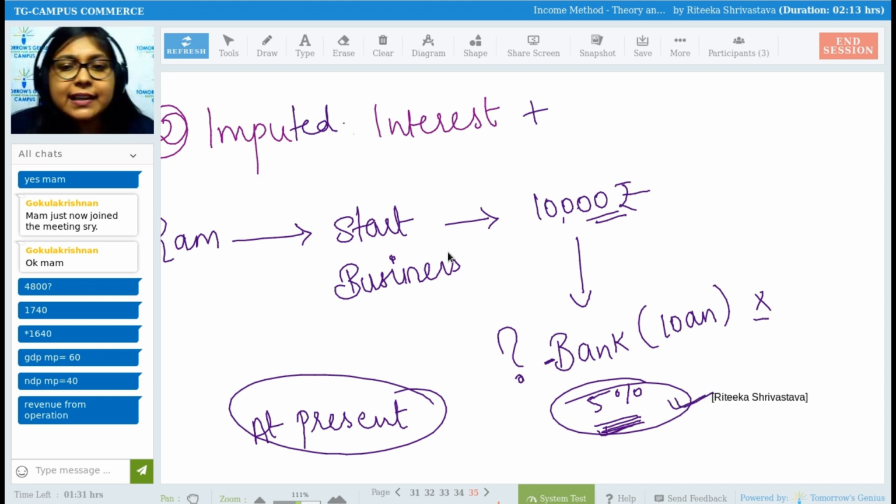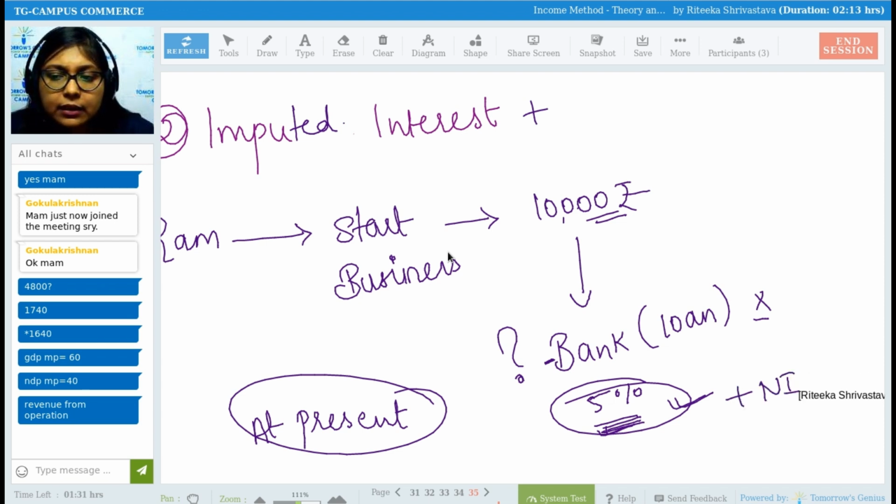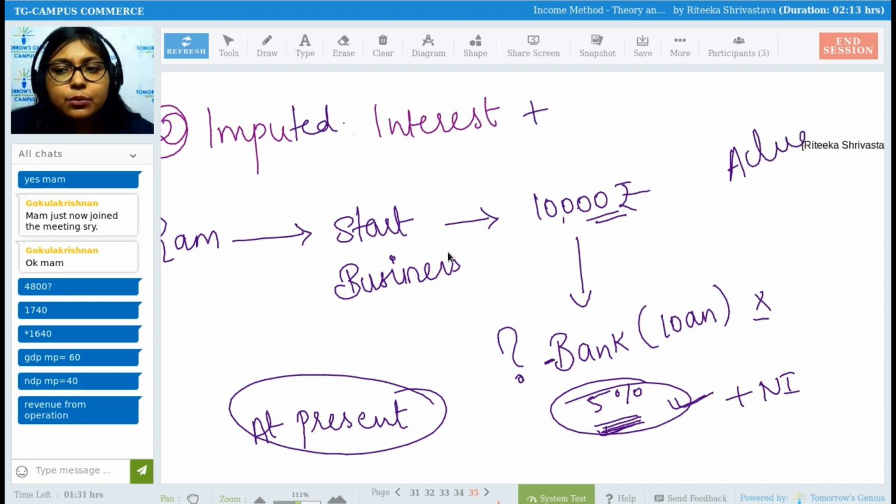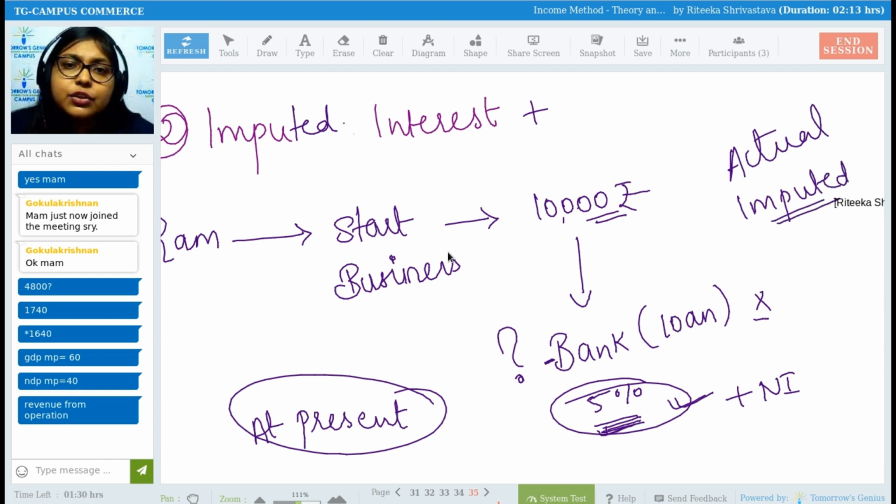So this is called imputed value, and this value is also included in national income. So either it's an actual value which you are actually paying, or it's an imputed value. Imputed value is the imaginary value which is based on the present market value.